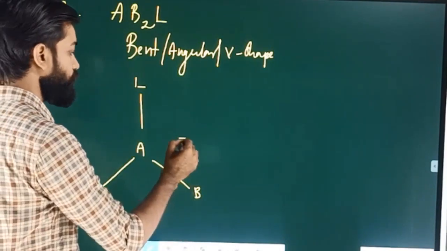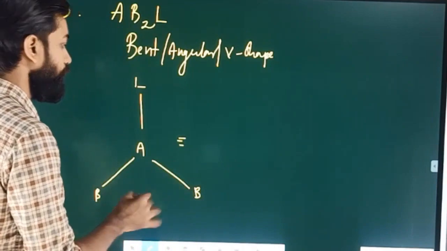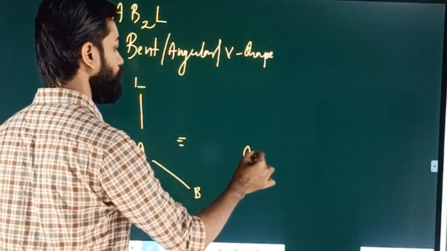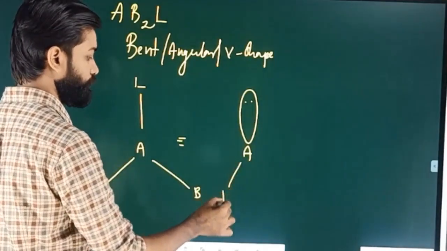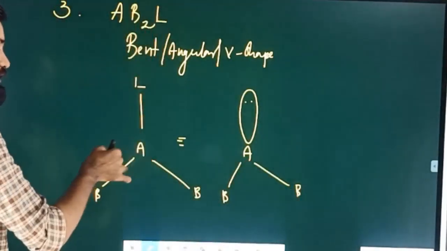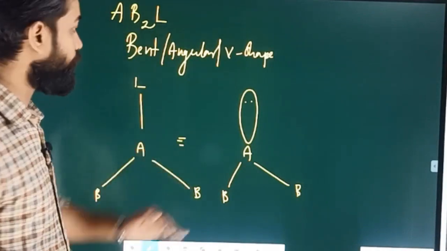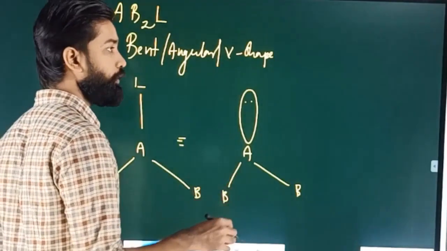So it's an equivalent structure. The lone pair can be drawn like this also. So the geometry is the very same, trigonal planar, but due to the lone pair, its shape will be a bent shape.